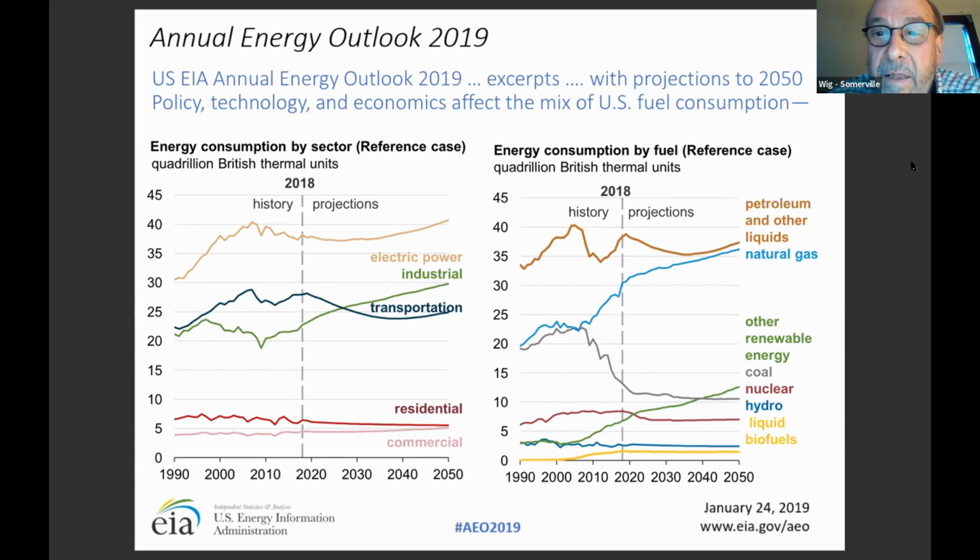Then on the right-hand side, there are some fuel figures, and they show we're pretty much dominated by conventional hydrocarbons, petroleum and natural gas. Nuclear is what it is. Hydro kind of is what it is. And then we've got some other stuff going on. Okay, I think that's probably enough for that one.